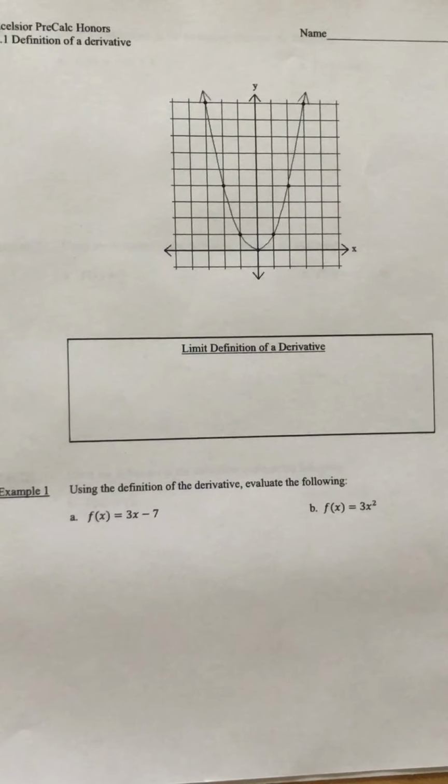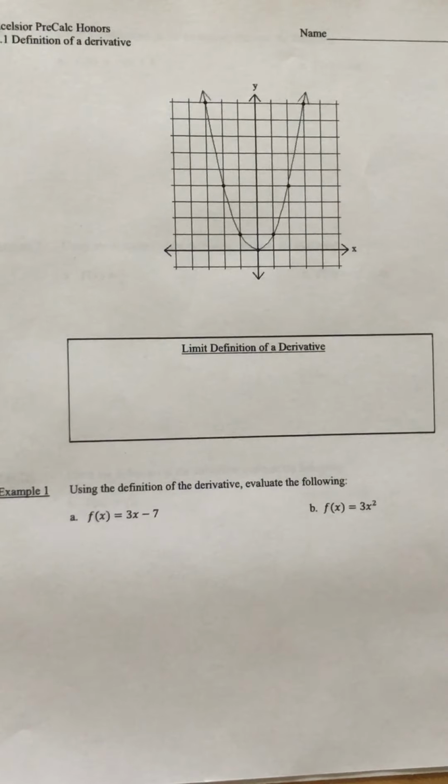If I take out an h on top, it's going to leave me with 6x plus 3h. All I did was factor right here. And that's over h. The reason why I did that and not take out the extra numbers, although you could have, is that the h's are going to cancel out. So I'm left with 6x plus 3h.